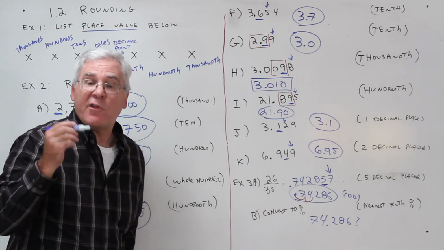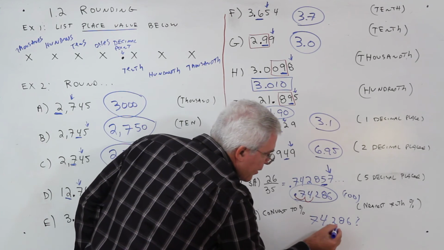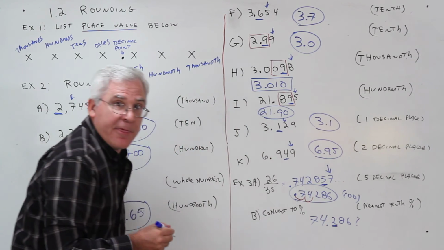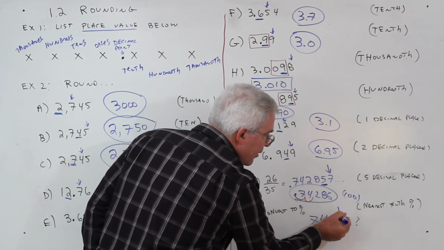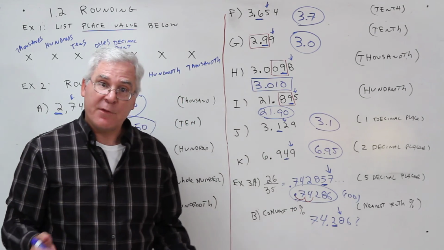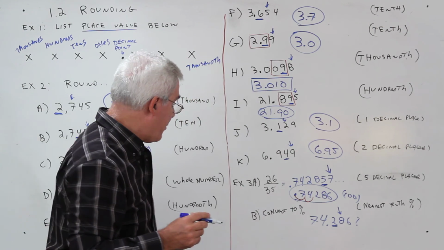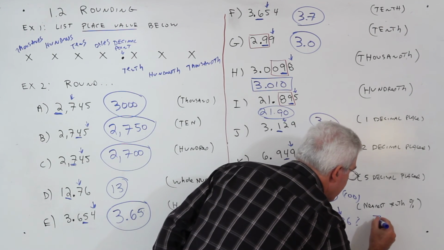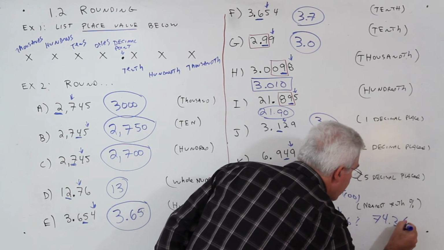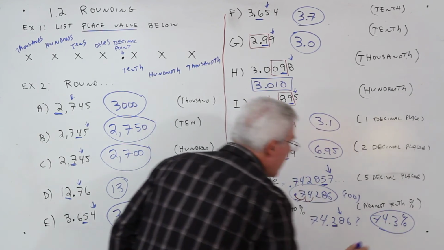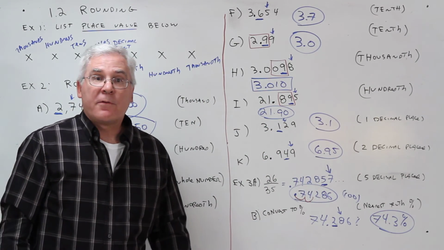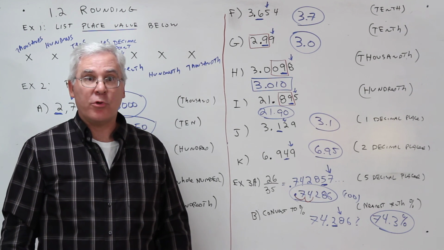But they said to go to the nearest tenth of a percent. Right there is the tenth. And then I arrow to the right. That 8 is 5 or above, so the underline goes up. 74.3%. Whew. So there you have it, how to round.